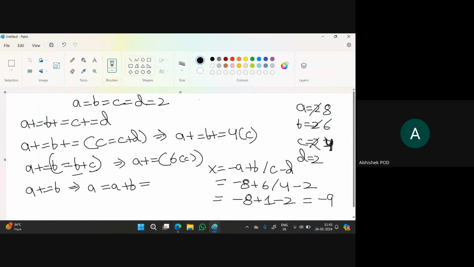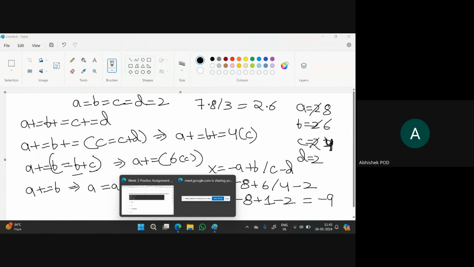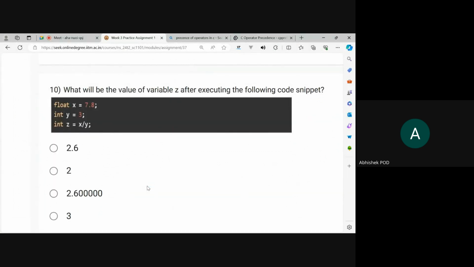Let's talk about mathematics. 7.8 divided by 3, what is going to be the output? It will be 2.6. So 2.6 is going to be the output. But remember, you only have to show the integer type of z. And since z is of integer type, anything after the precision will be lost.